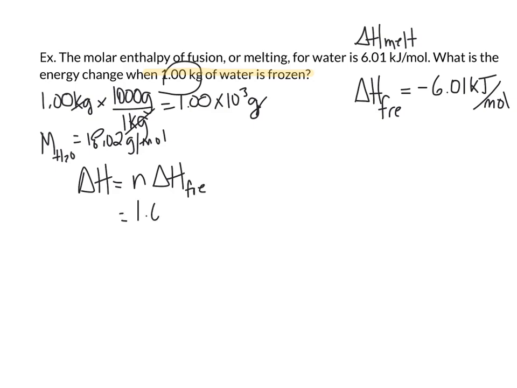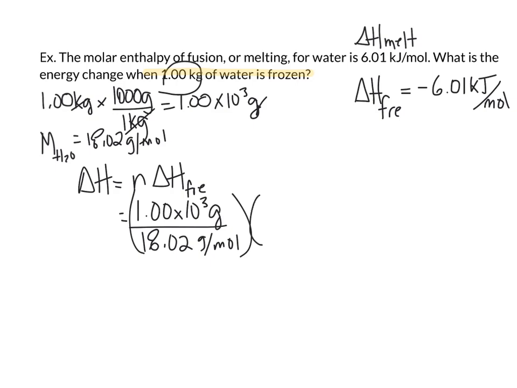So we've got 1,000 grams. We know the molar mass, so this quantity will give us the number of moles. And then our molar enthalpy of freezing is negative 6.01 kilojoules per mole.